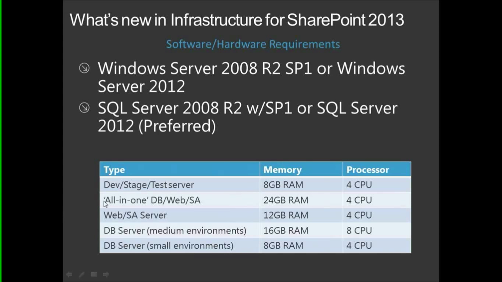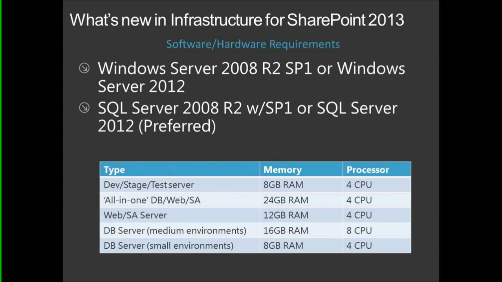You'll note I did put what we call the all-in-one server, which has everything running on it. That's SQL Server, web, service application. That's not a recommended configuration. We try to avoid using that, and I'll discuss more in a future slide. But basically, you will note, of course, that also has some really significant memory requirements.